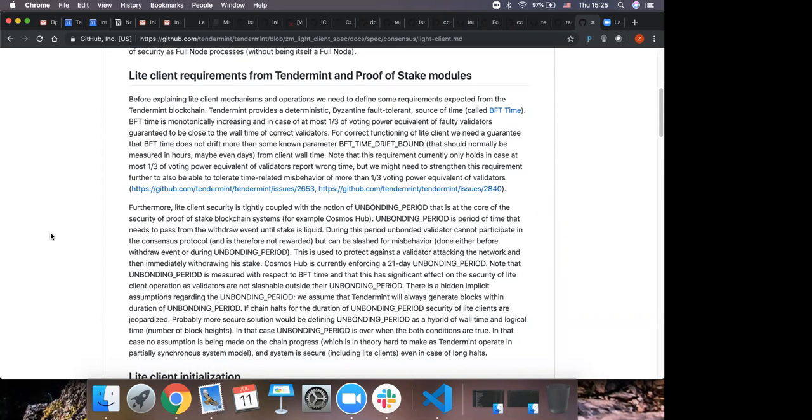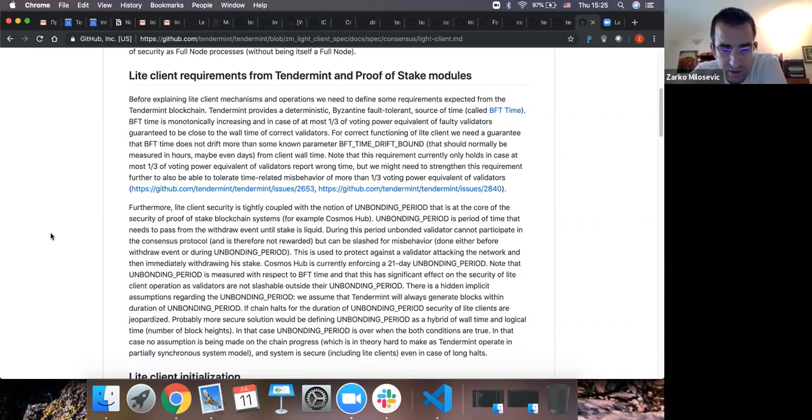So I agree that this would be a desirable assumption. The question is, can you exploit, maybe in an asynchronous system, can you figure out that the chain halted and therefore you're in the assumption which is based on the heights? It's a very theoretical discussion, but it just makes the assumptions clear. No, the thing is that if the system halted and you express the unbonding period as a number of heights, you just have a higher chance of still processing some proof of misbehavior.